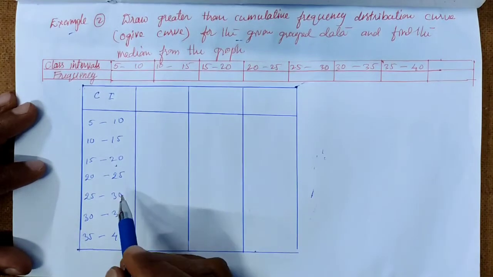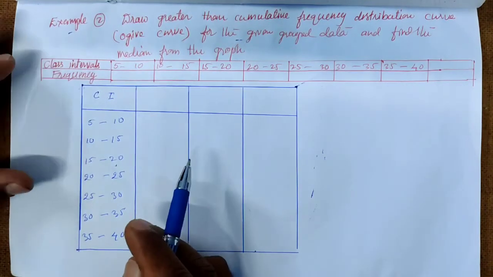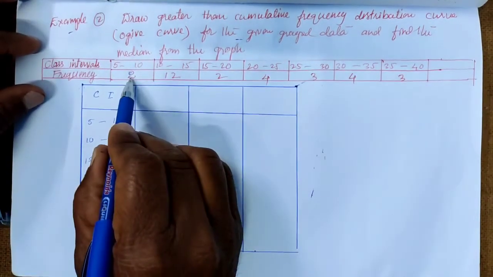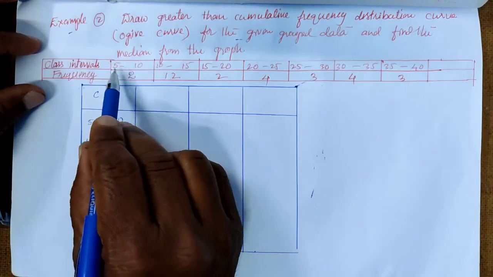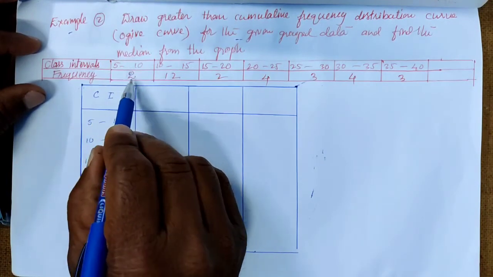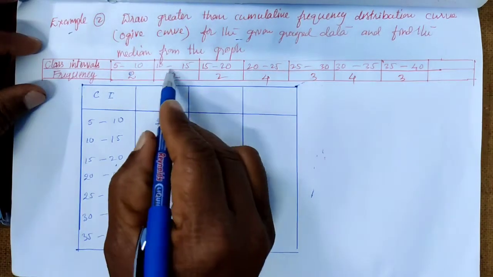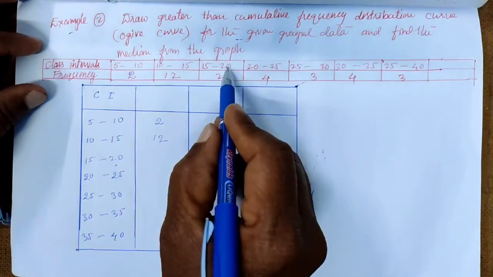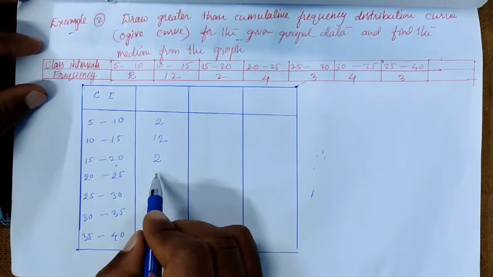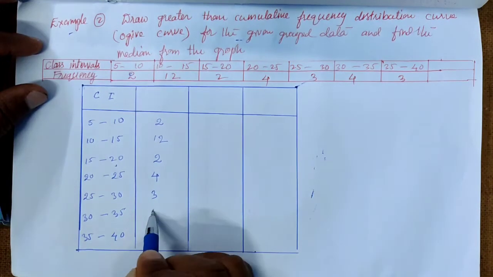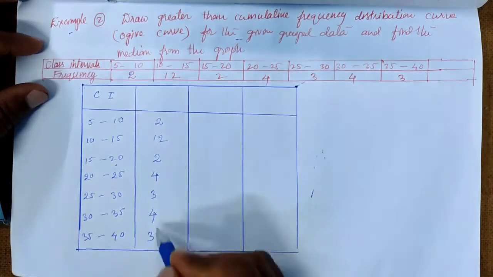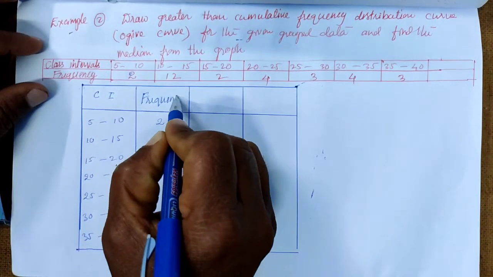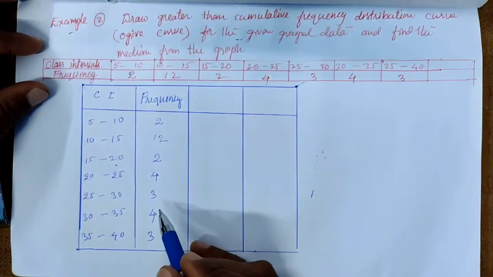And the frequencies are 2 for the class 5 to 10, 12 for 10 to 15, 2 for 15 to 20, then 4, 3, 4, 3. So this is the frequency.